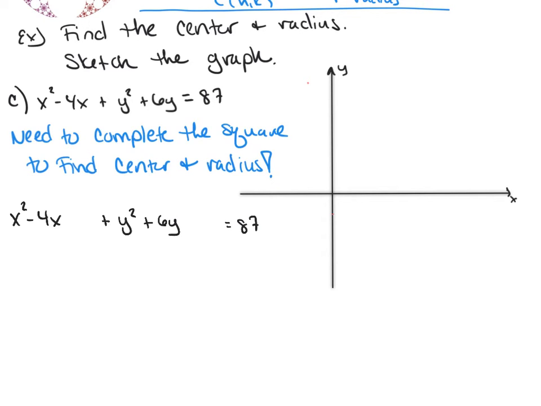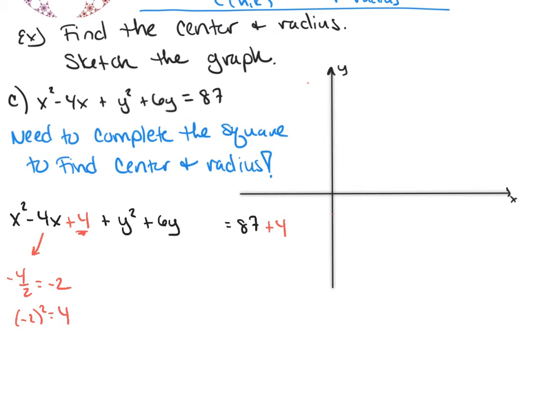So remember, when you complete the square, take the number next to the x, divide it by 2, and then square that result. So -4 divided by 2 is -2. -2 squared is 4. And I want to add that to the end of the x's. Okay, there's something I like and something I don't about this. First thing that I don't like is you can't just go adding 4s wherever you feel like, so we have to balance our equation and add 4 to the other side.